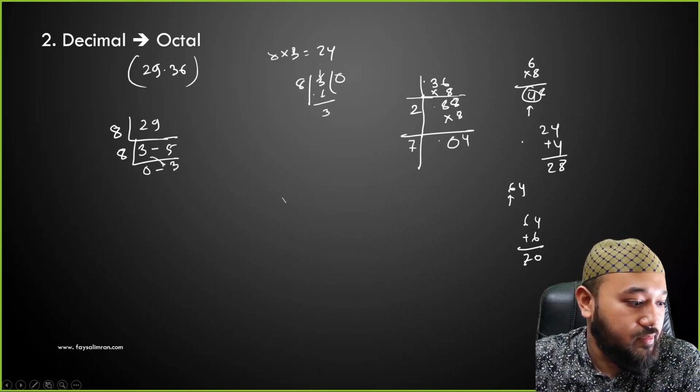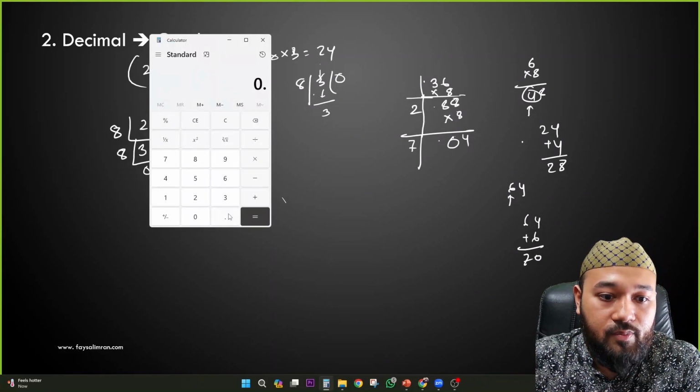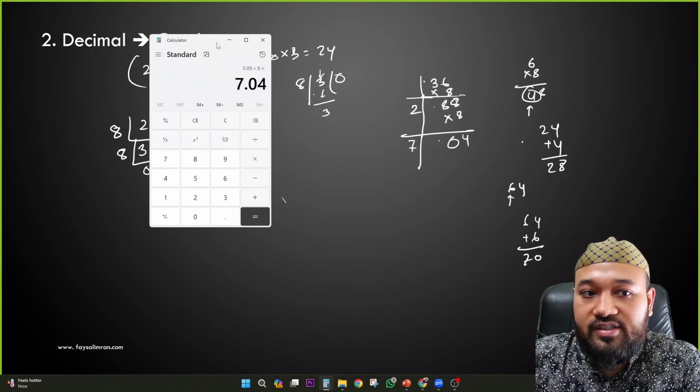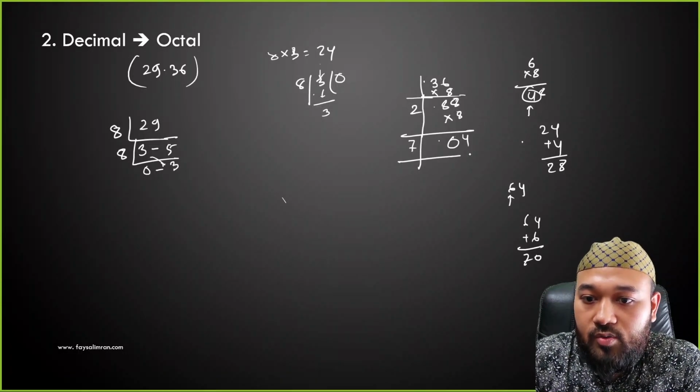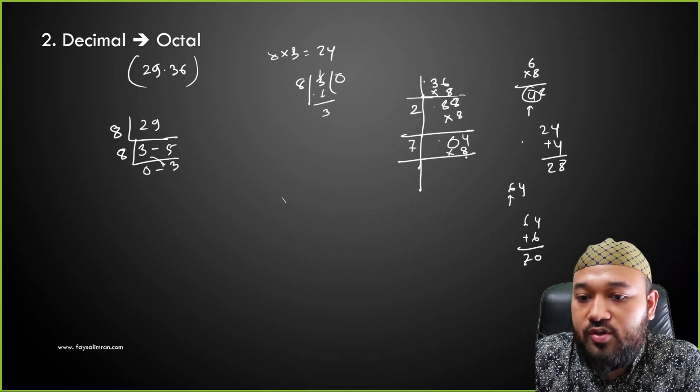So if we multiply 0.88 into 8, we will get 7.04. Correct? Now we need to multiply again by 8. So 8 into 4 is 32. We put it here 2.